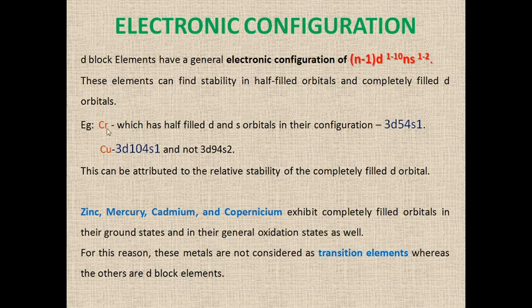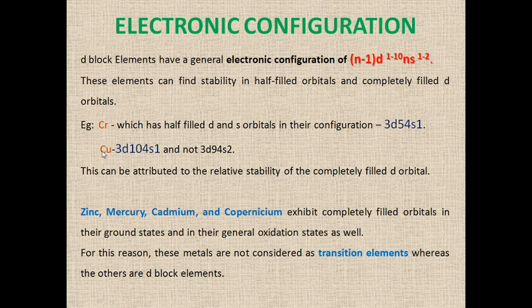So chromium is an example of a D block element which has a configuration of 3d5 4s1. Actually its configuration would be 3d4 4s2, but half-filled orbitals are more stable. That's why an electron from the s orbital enters into the 3d orbital to get the stability of the half-filled 3d shell. So its electronic configuration is 3d5 4s1.